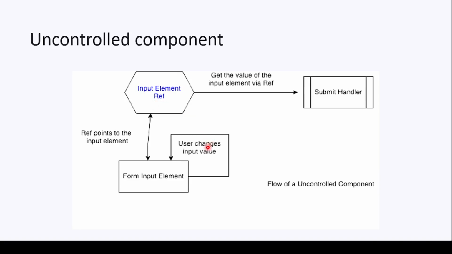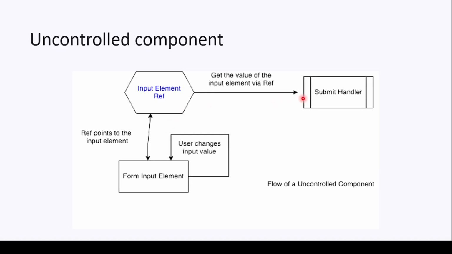When the user changes the value in the input field, the input element updates its value internally without involving any React state. Now, when it's the time to retrieve the input value, the ref is used to access the current value of the input element.